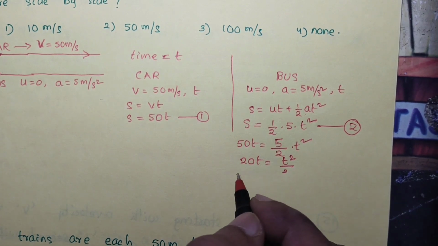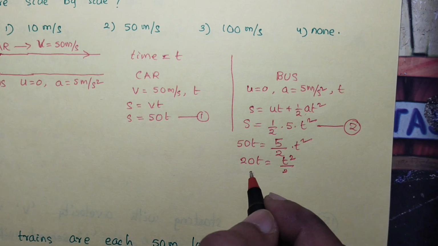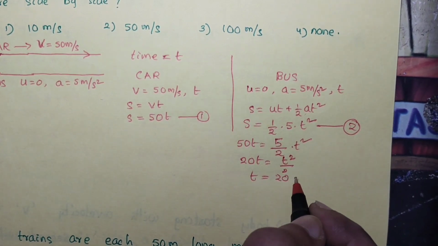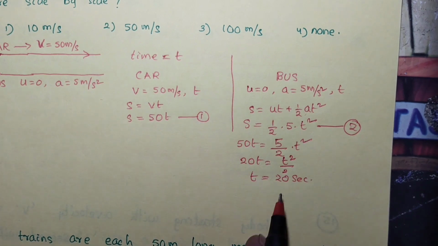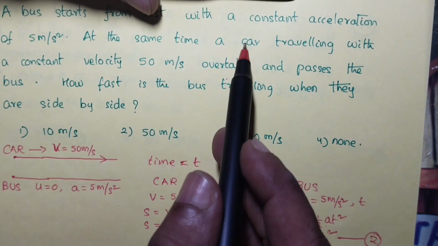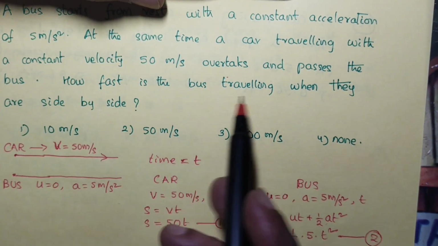So now the value of t will be 20 seconds. In this time, the car overtakes and passes the bus.